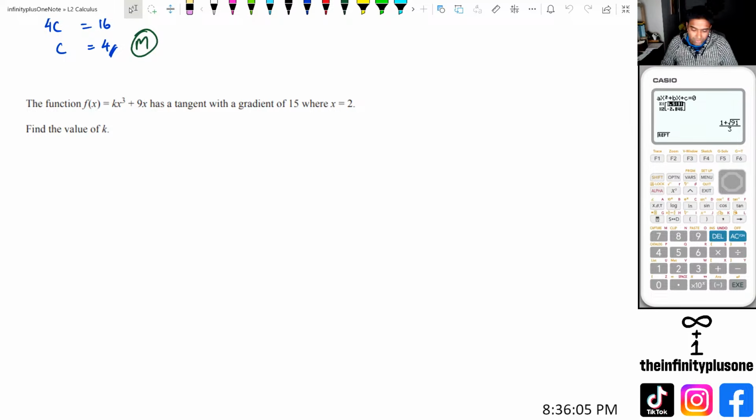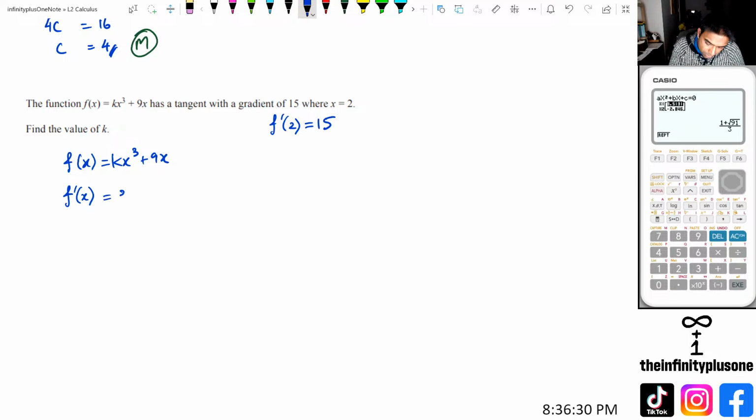Okay, I'm going to start doing this. So we've got, it has a tangent with a gradient of 15 where x equals 2. So f dash of 2 is equal to 15. So f of x is kx cubed plus 9x. Then f dash of x equals 3kx squared plus 9. Then we just substitute 15 and 2.